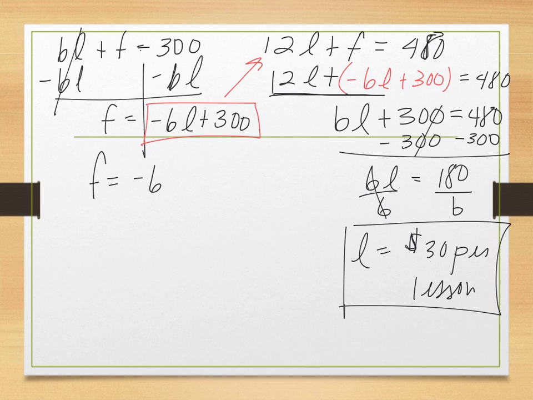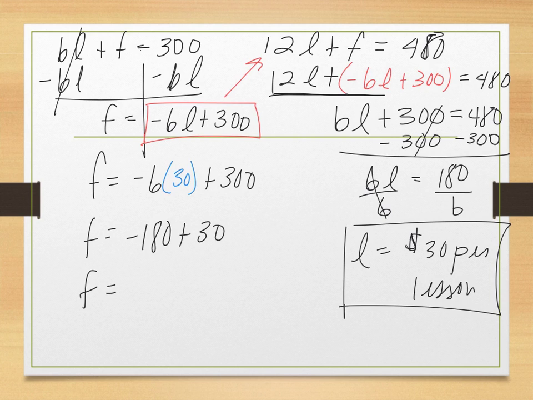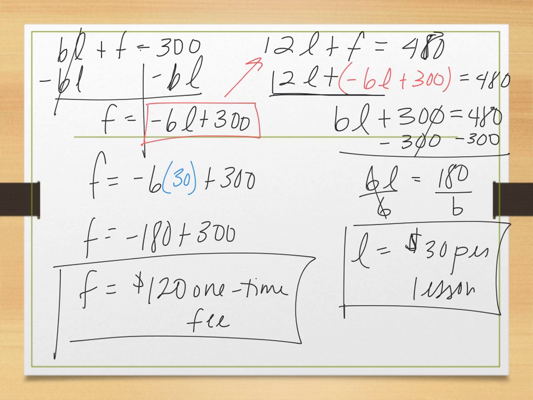So the lesson was $30, plus 300. So the fee is negative 180 plus 300, which means that the fee is $120 as the one-time fee. So now we've answered the question in the context of the problem.